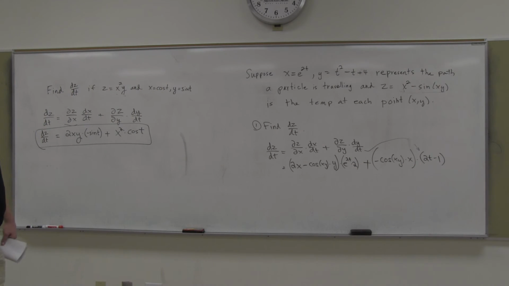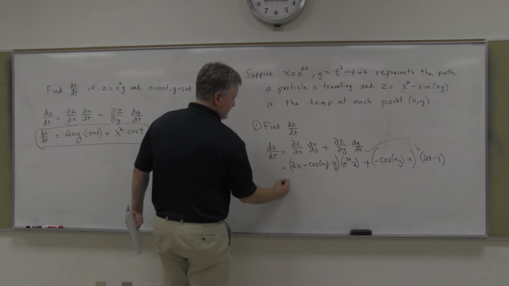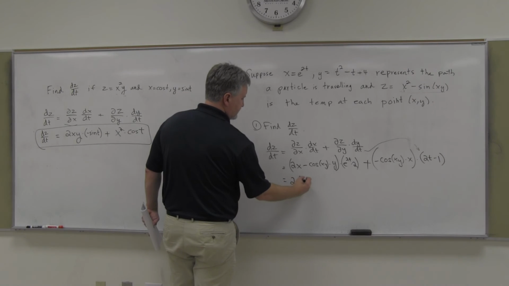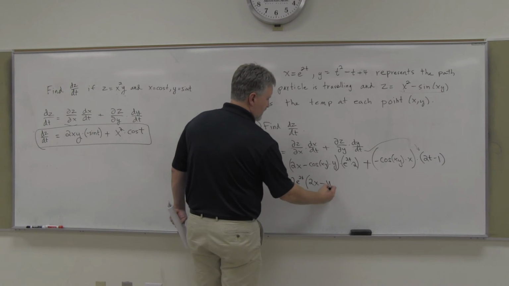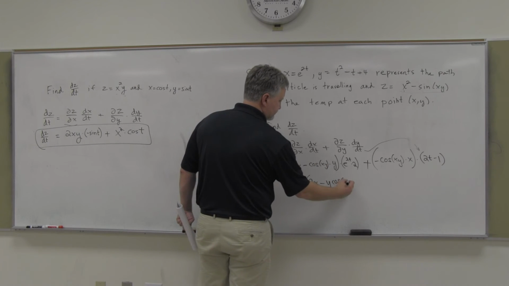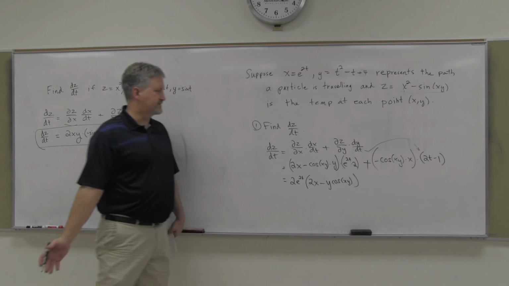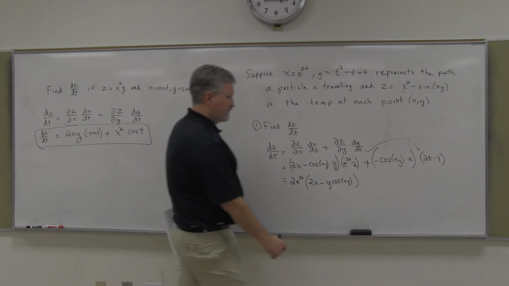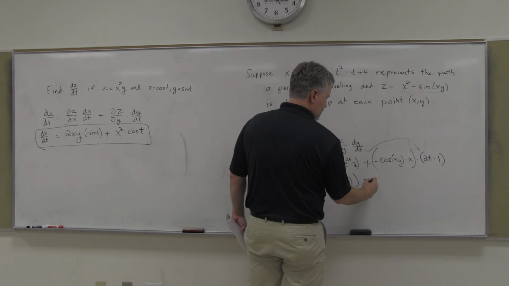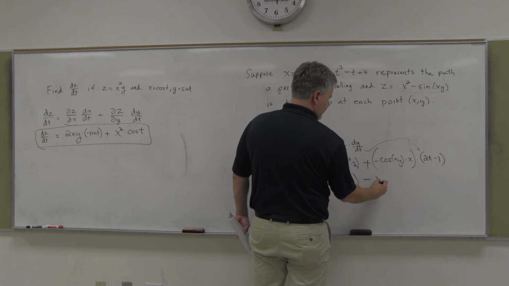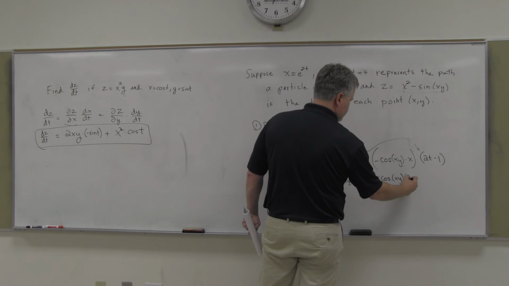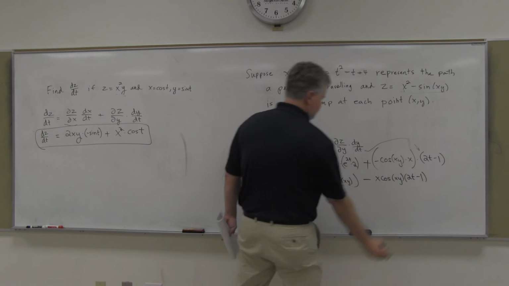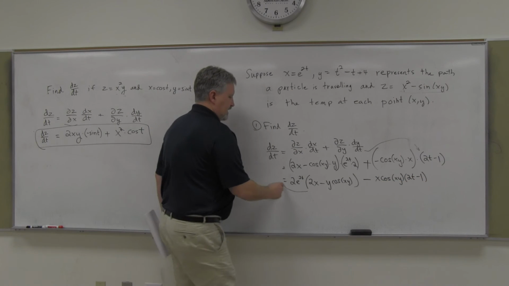Probably not a whole lot you can do to clean that up. 2e to the 2t times 2x minus y cosine xy. That's about as good as it gets there. Over here, probably could say minus x cosine xy times 2t minus 1. That's about it.